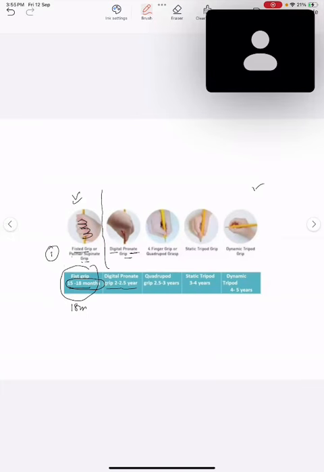Next is the four-finger grip or quadruped grasp. It's easy to memorize: there are four fingers here, and also here. But see the difference between these. Here the hand is in supination, here the hand is in pronation, and here is the four-finger grip.